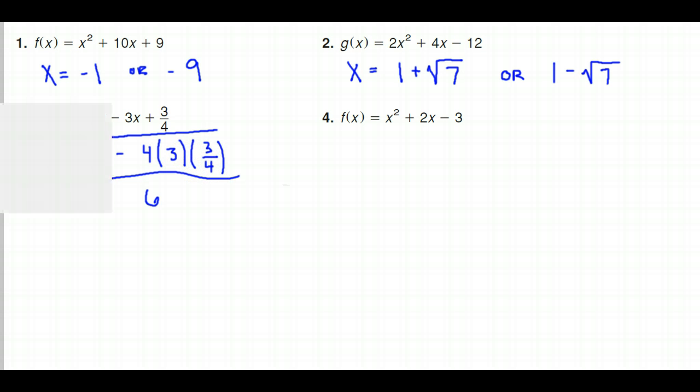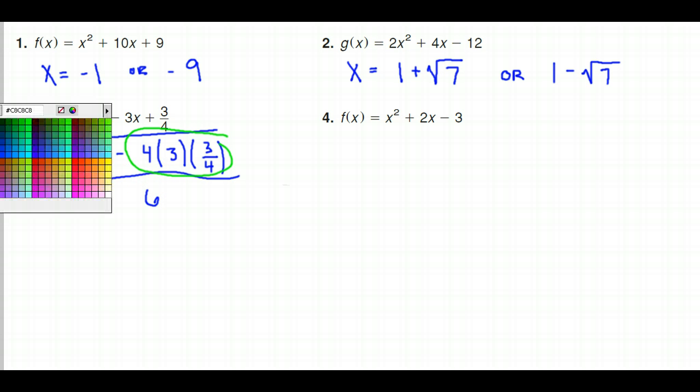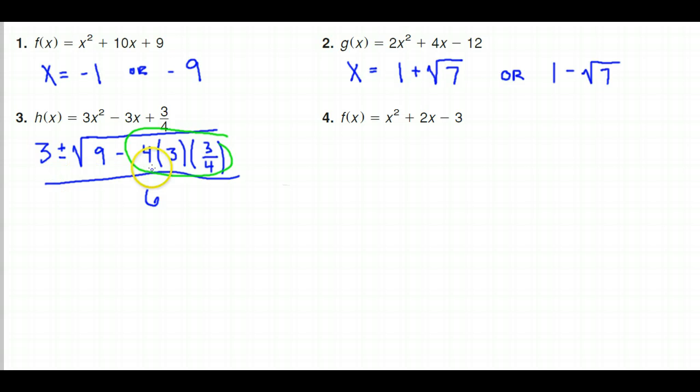So inside my radical here, this part has a fraction, and I notice that it has a denominator of 4. So this is going to work out really slick, because if you multiply 4 times 3/4, the 4's are just going to cancel, and you're going to get 3, which is 12/4, and 12 divided by 4 is 3.